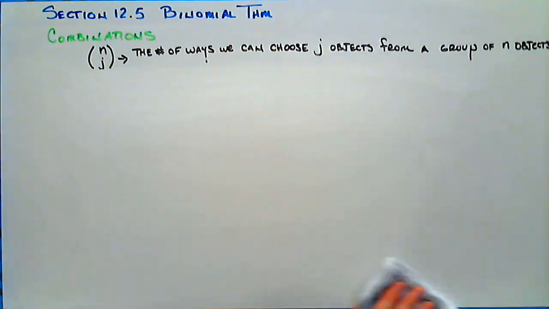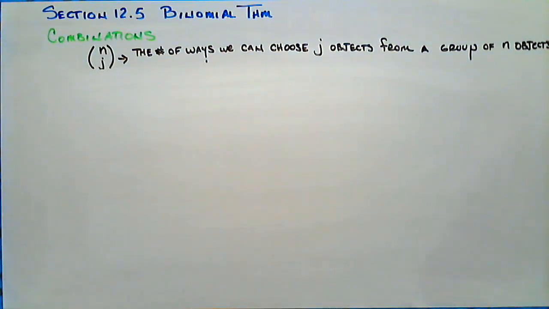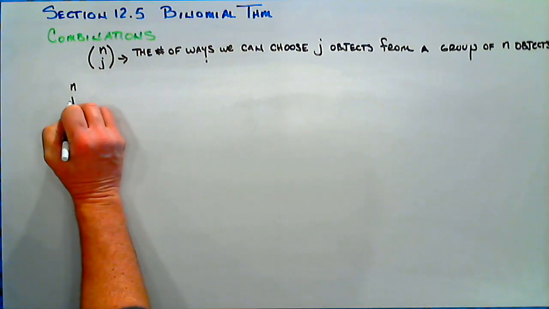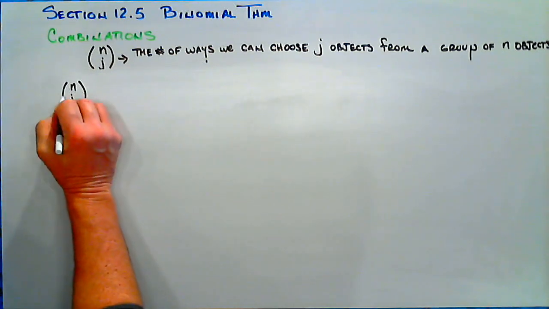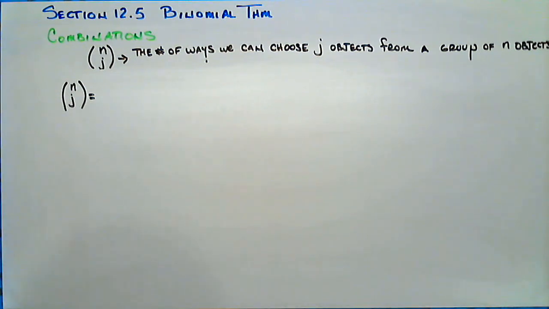It works. But if we're going to sit here and ask ourselves, all right, I have 22 balls in the bag. How many ways can I pick 15 balls out of that bag? That is a very confusing question. And fortunately for us, there is a mathematical definition that tells us how to calculate n choose j.